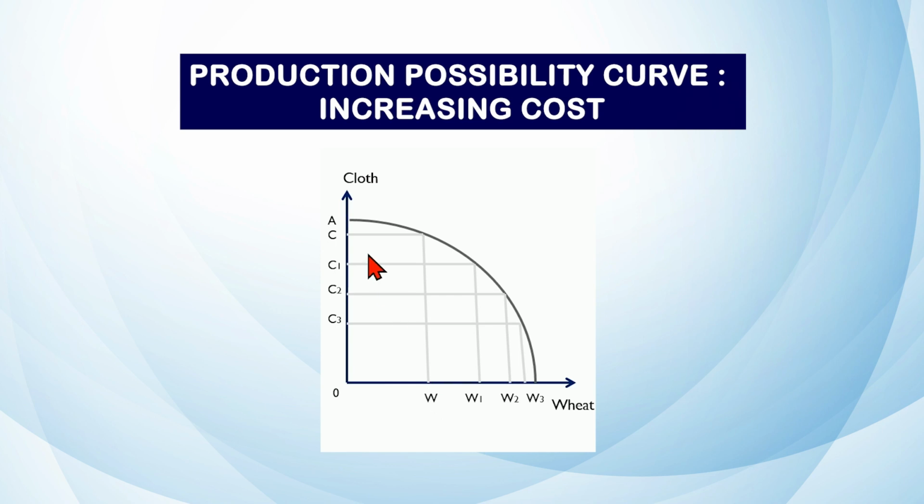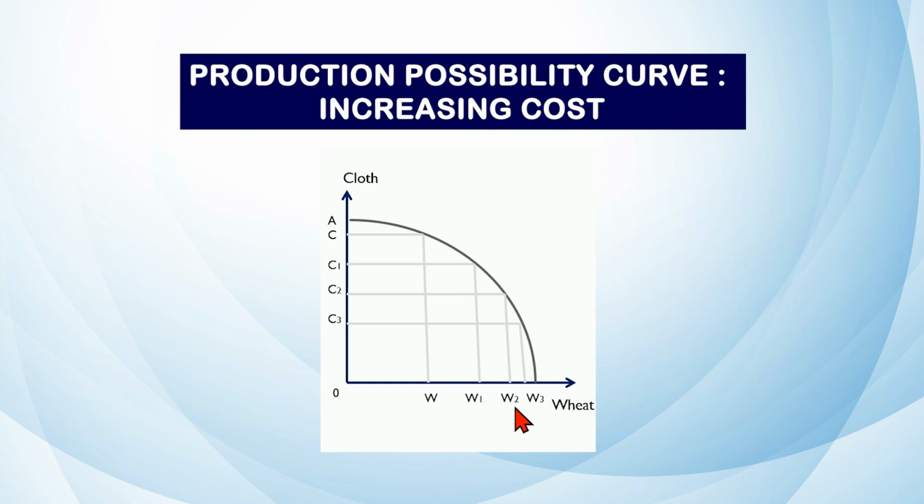Now if I move further from C to C1 along the vertical axis, I am sacrificing another unit of cloth, and for the second unit of sacrificed cloth, I am producing WW1 units of wheat. For the third unit of sacrifice, if I move from C1 to C2, I am getting W1W2 extra units of wheat. And for the last one, C2C3, I am getting only W2W3 amount of wheat.